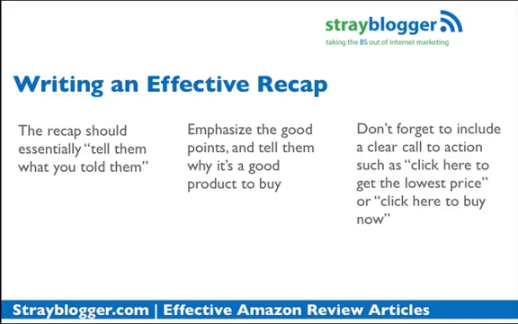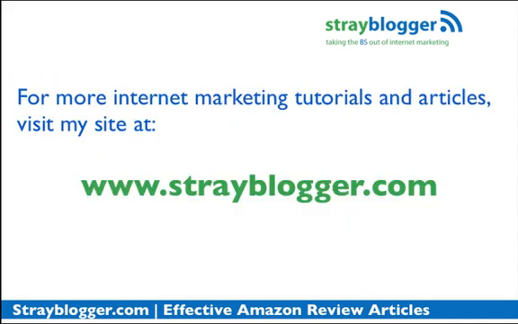So your call to action can be as simple as click here to get the lowest price, click here to buy from Amazon.com, click here to buy now. Something that just makes it very clear what the reader should do next. So that's just a solid format to follow to write Amazon review articles.